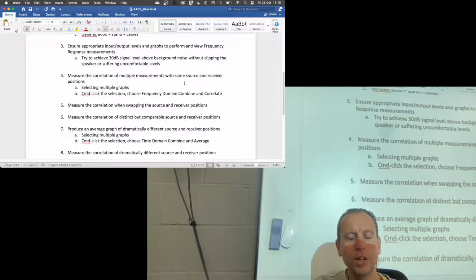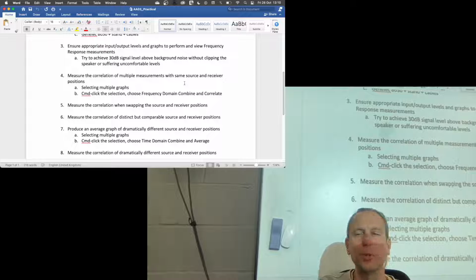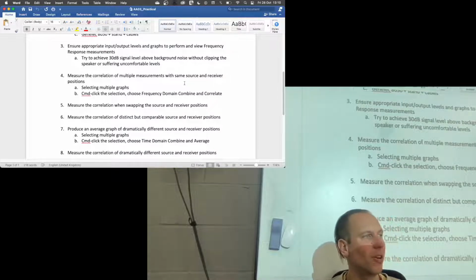So you figured out the correlation bit. It's telling us the difference between two graphs. This technique of looking at the difference between graphs is crucial, because we don't have anechoic chambers, we don't have calibrated mics and speakers.